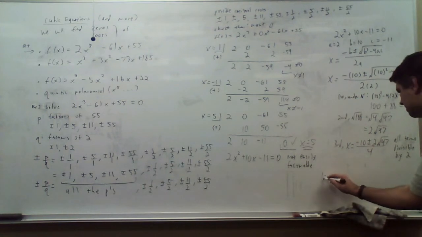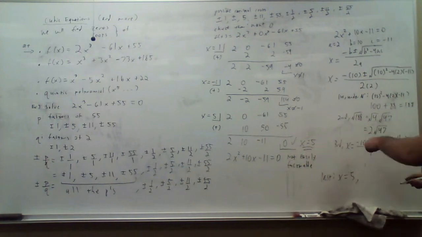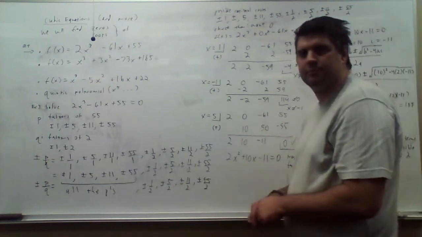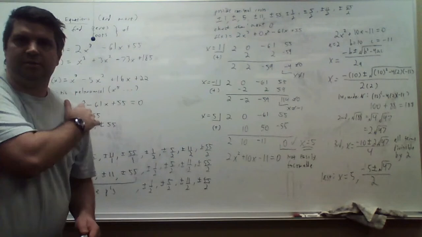Last, x equals negative 5 plus or minus the square root of 47, all over 2. And that's 3 solutions.